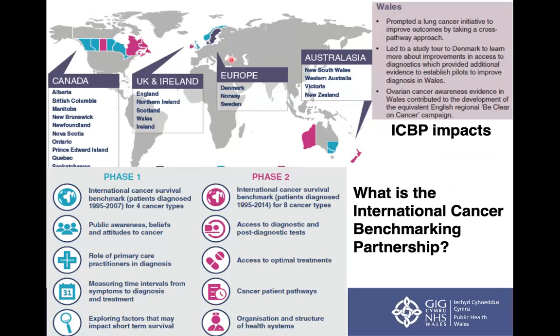Now, we also take part in the International Cancer Benchmarking Partnership. This is more high-income countries with similar health systems, generally universally available, broadly free at the point of care, which is why you don't see the United States taking part, for example.